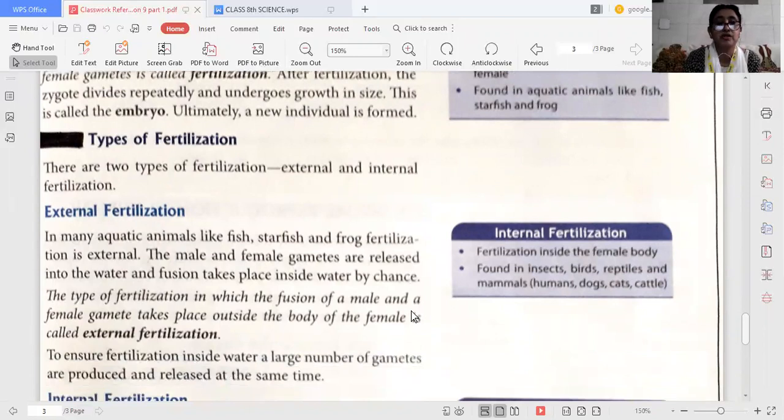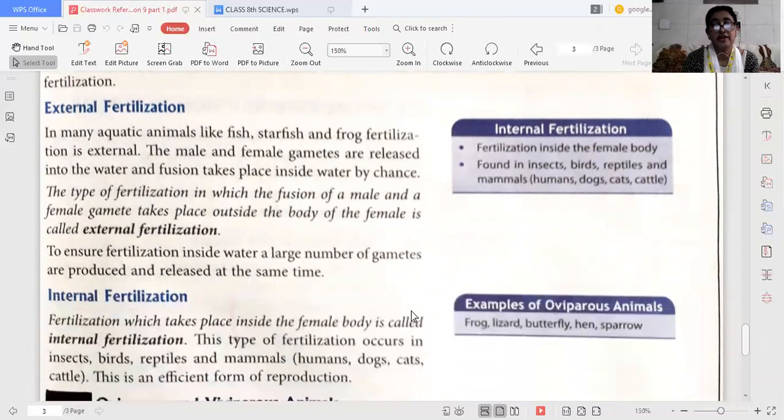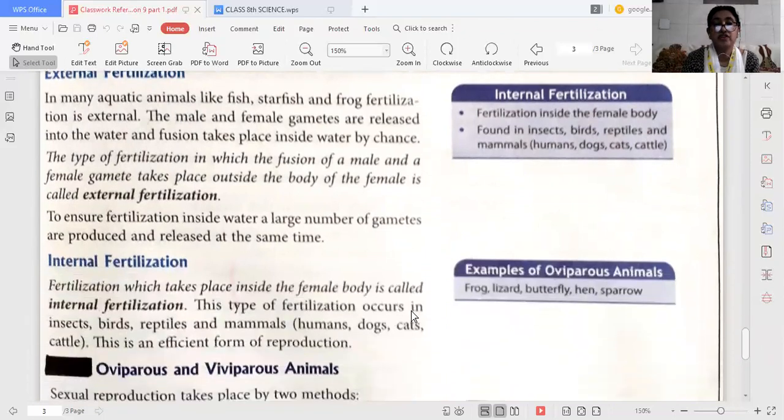In many aquatic animals like fish, starfish, and even the frog, external fertilization takes place. Internal fertilization is when the fertilization takes place inside the female body. In most mammals, and even in insects, birds and reptiles, the fertilization is internal.